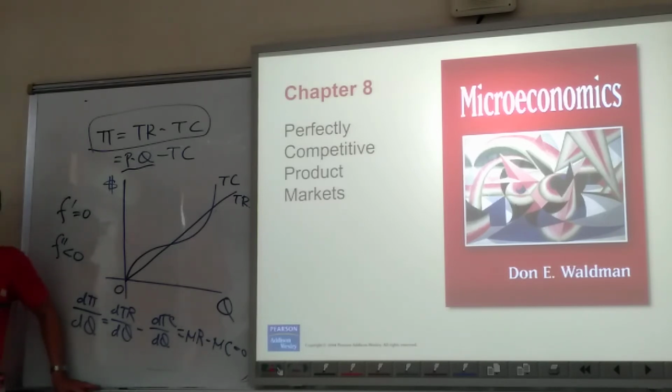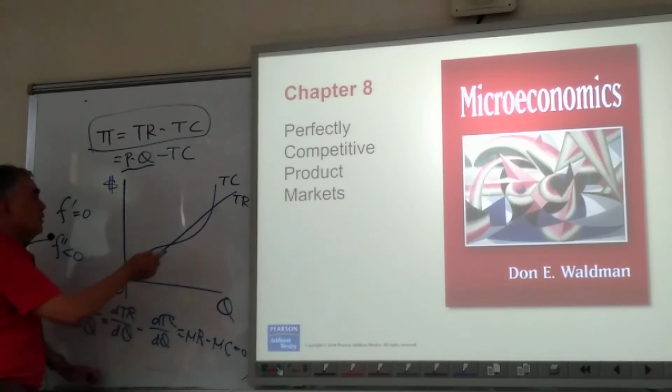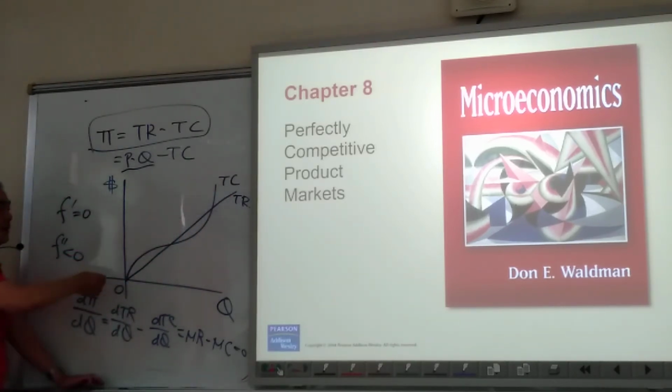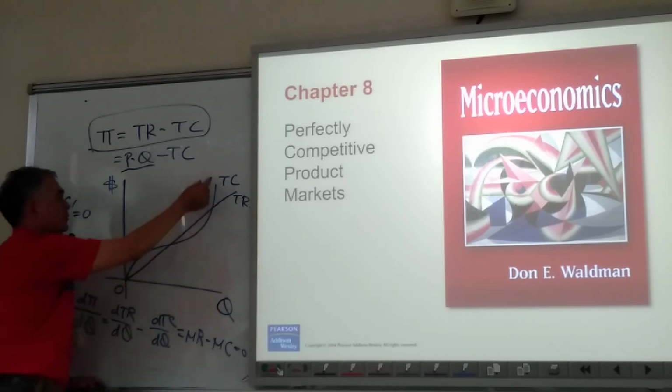When we look at the total product curve, how do we look at the marginal product? It is the slope. So here the slope is exactly here, and here is the total cost.